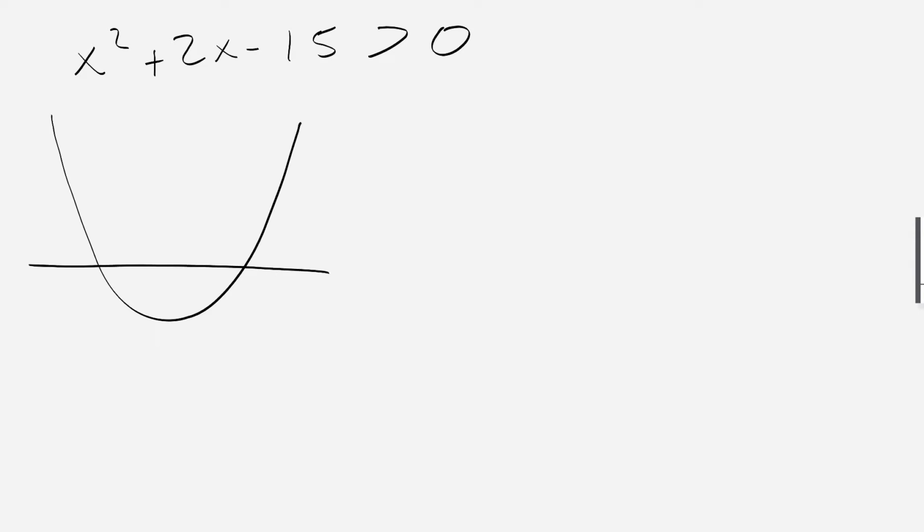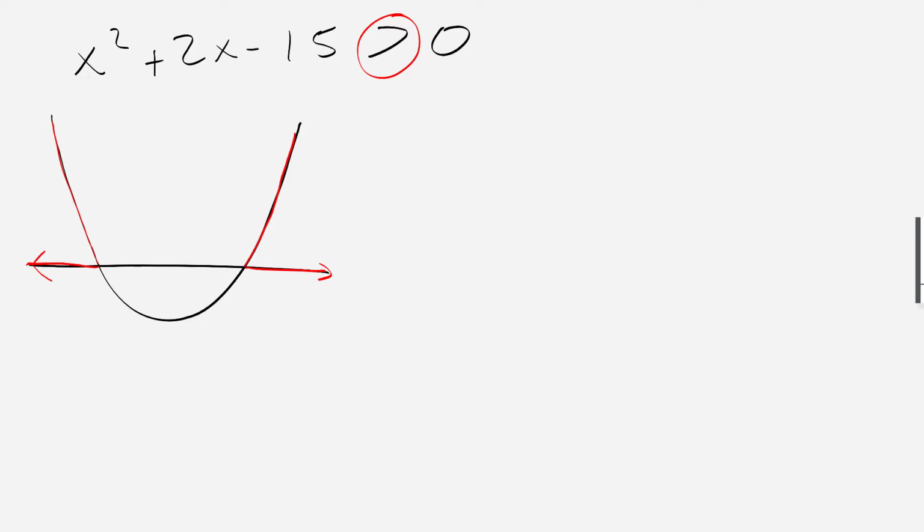And we care about where the function is greater than 0. So we care about this part of the function up here and this part of the function up here, which, as you already know by this stage, is the part of the function outside the roots. We care about the x values outside the roots.